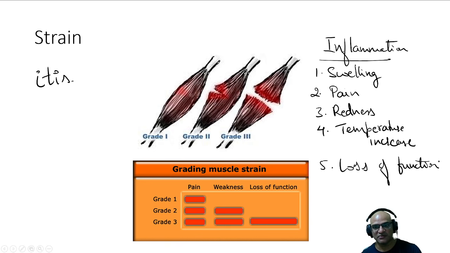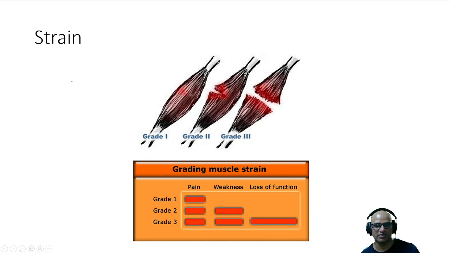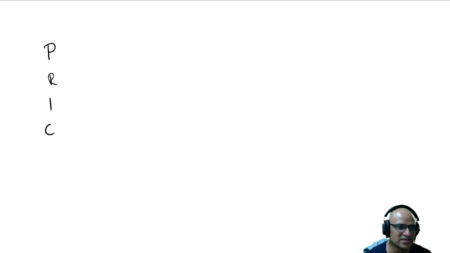So, whenever there is an injury, which is leading to an inflammation, what we do as trainers is a protocol called PRICE. This is what we follow.